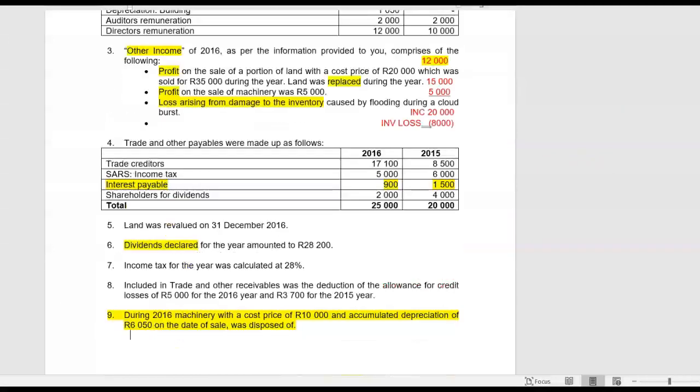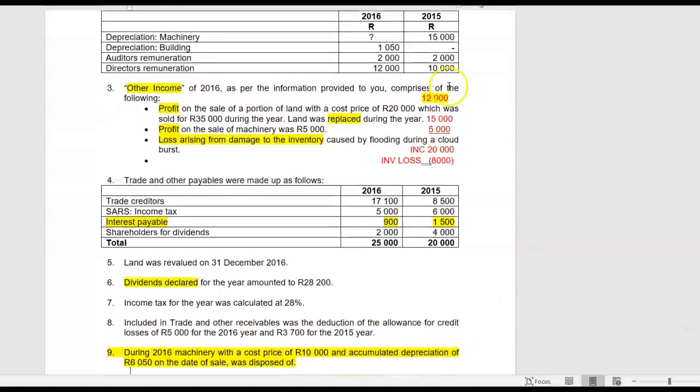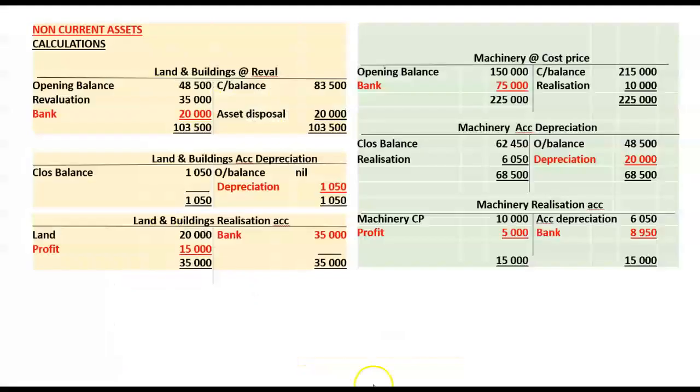Then they told us that somewhere during the year, profit on the sale of a portion of land with a cost price of 20,000, so there was no accumulated depreciation, and it was sold for 35,000 Rand.